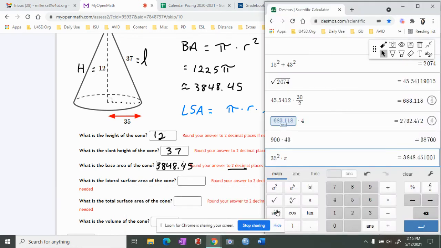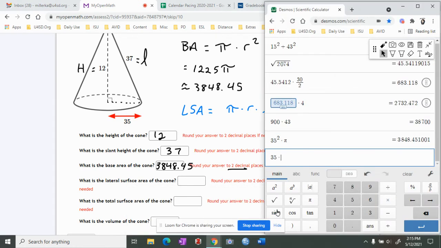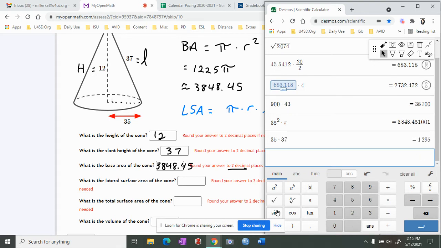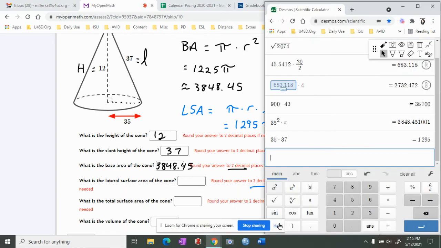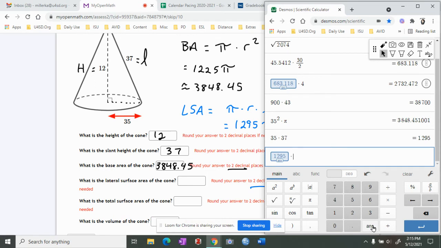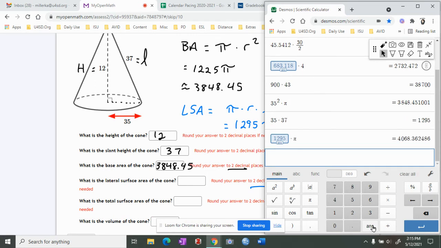So 35 times 37 is 1,295 times pi, and that will be approximately to 2 decimal places 4,068.36.